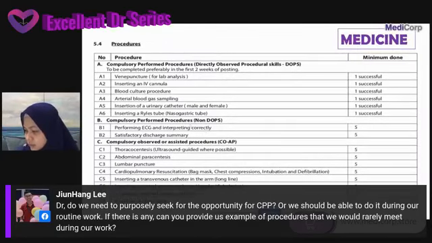Okay, and for medicine, all these DOPS and CPP, you will have the opportunity to perform or encounter every day in any medical ward. But for the COAP, this is usually more invasive, and you don't encounter it on a daily basis.